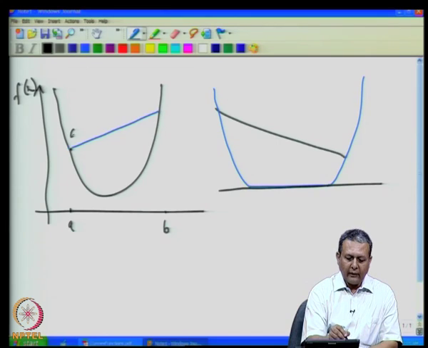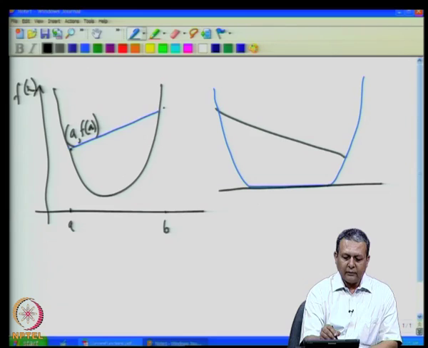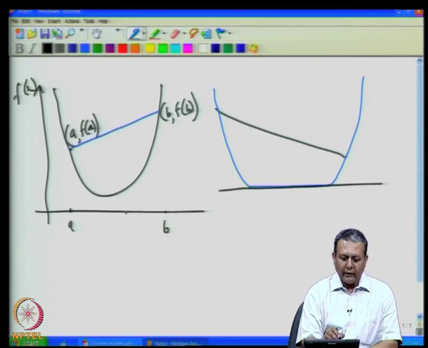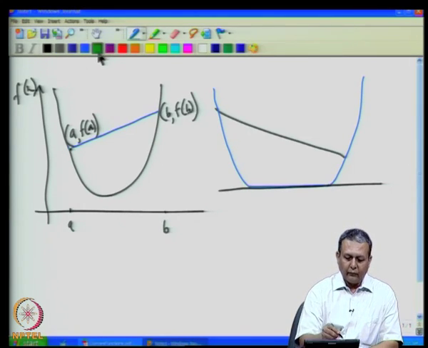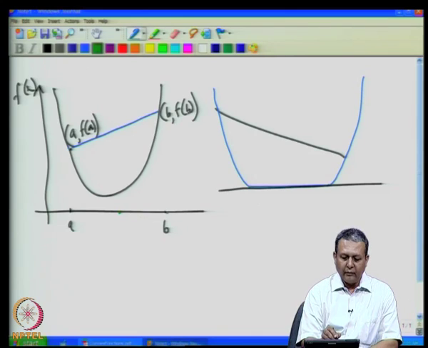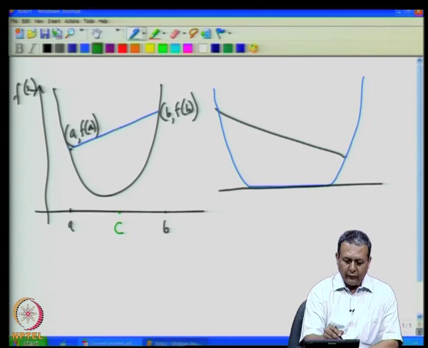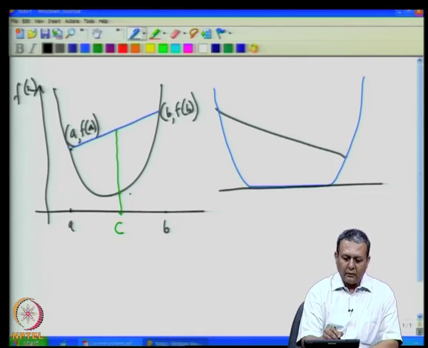At this point the coordinates are a, f of a, and at this point the coordinates are b, f of b. Now, if you take any point on this line segment joining a and b, suppose let us take a point C. Now, if you take the value of the function at C, this is C comma f of c.